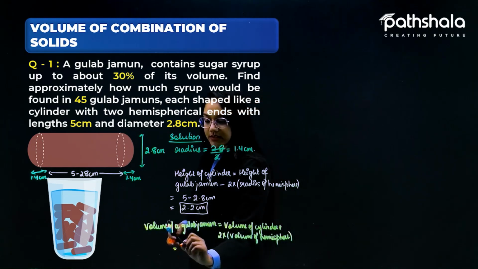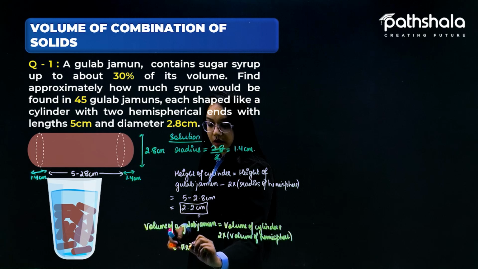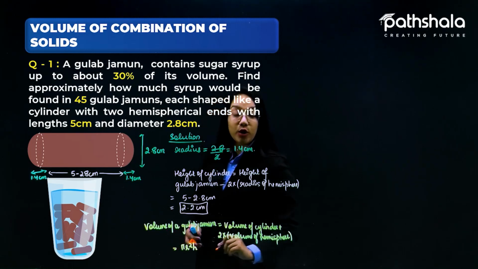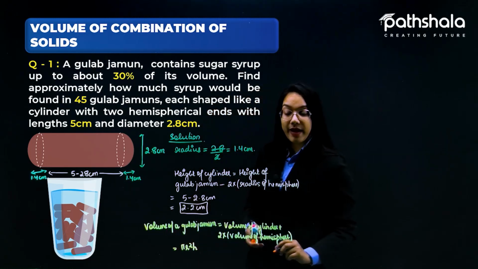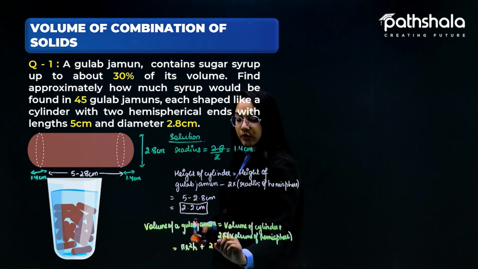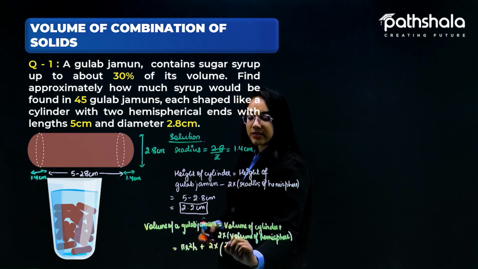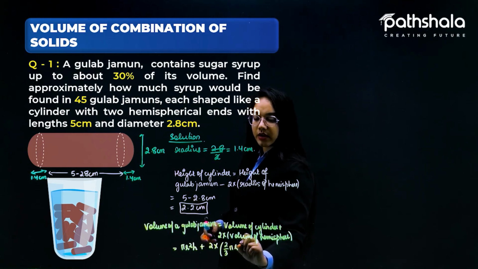That is pi r square h, which is the volume of the cylinder, plus 2 into the volume of the hemisphere, which is 2 by 3 pi r cube.